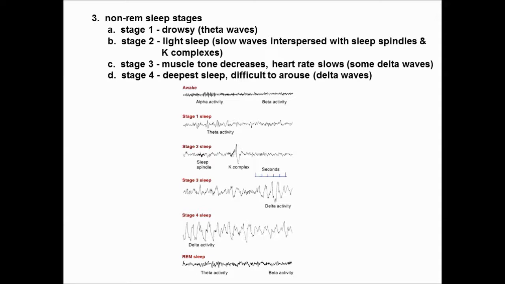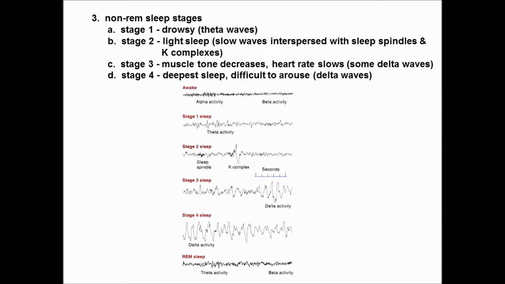And finally, in stage 3, you can get periodic delta waves, going into the deepest sleep. Now the muscle tone really relaxes, the heart slows, and you have periodic delta waves, and the only difference from the deepest sleep is that there you have constant delta waves.